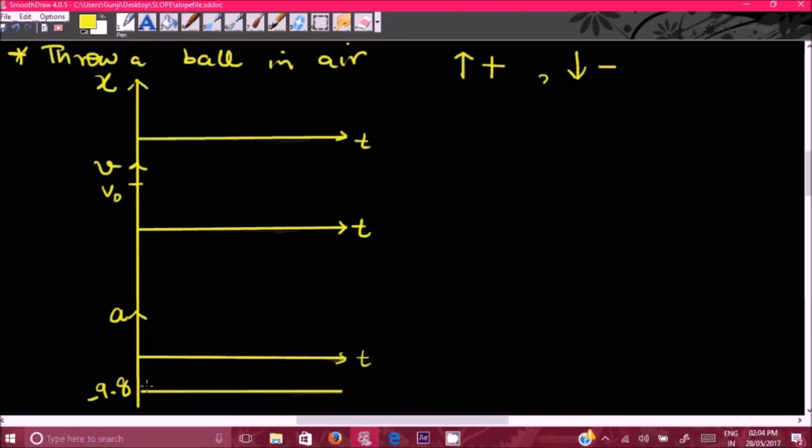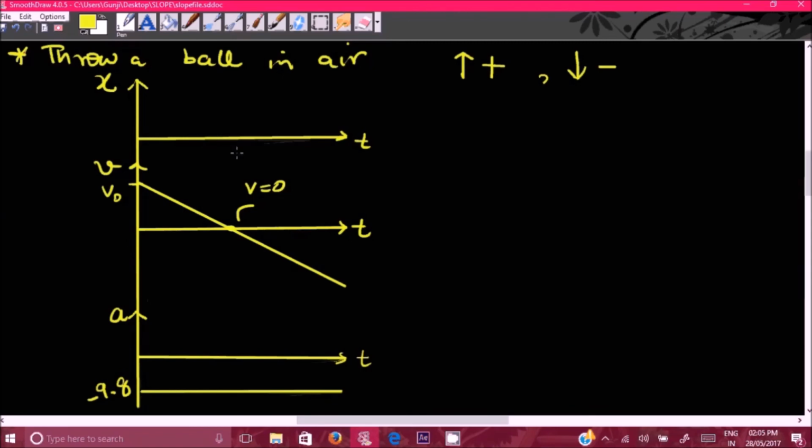Now we know that the value of acceleration gives the slope of velocity versus time graph. See, acceleration is negative. That means the velocity versus time graph will slope down. So it will start with the velocity V0 and it will slope down. Notice that at this point velocity is 0. We know that the value of velocity gives us the slope for displacement versus time graph.